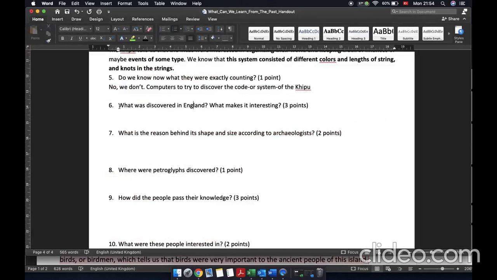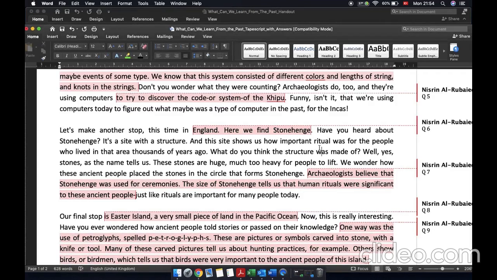Okay, so they discovered Stonehenge in England, and the stones are huge and much too heavy for people to lift. So let's find this here. Here, these stones are huge and much too heavy for people to lift.